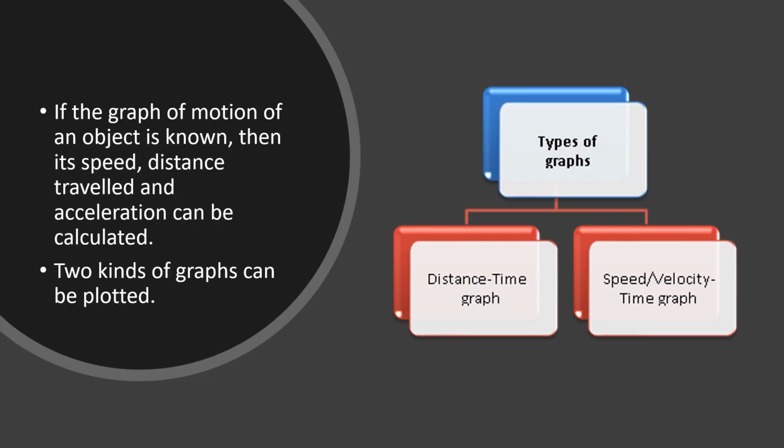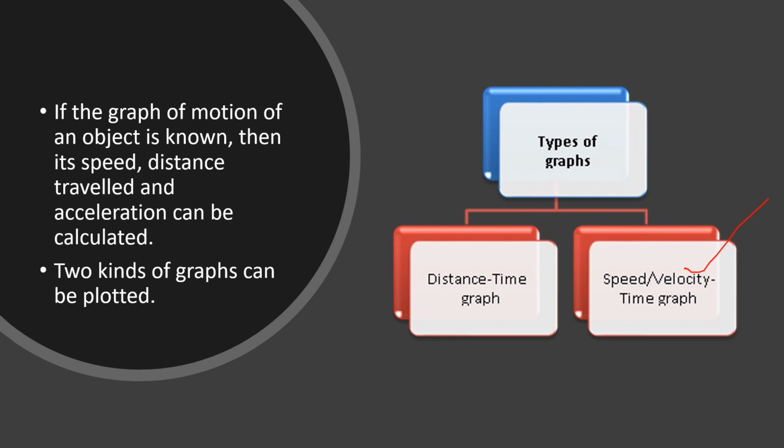If the graph of motion of an object is known, then its speed, distance traveled and acceleration can be calculated. There are two kinds of graphs which can be plotted. Number one is distance time graph and the other is speed or velocity time graph.